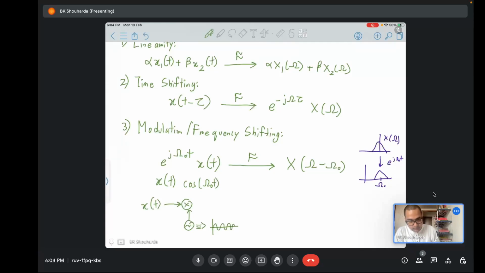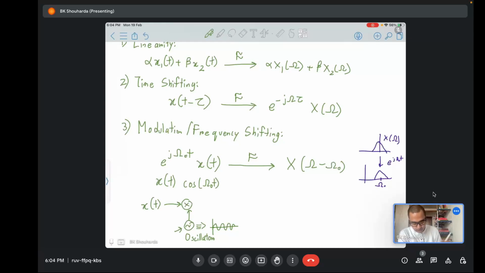This symbol, which you will encounter very much if you are into communication systems or if you are designing circuits for communication systems, actually denotes an oscillator. An oscillator is an electronic device that generates a sinusoid of a fixed frequency.